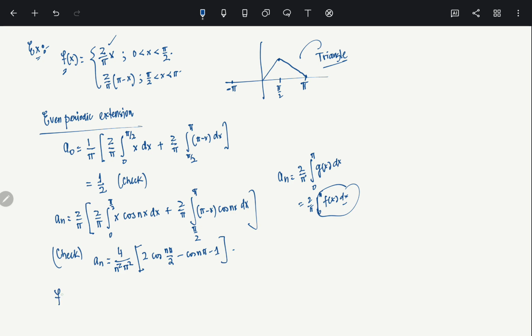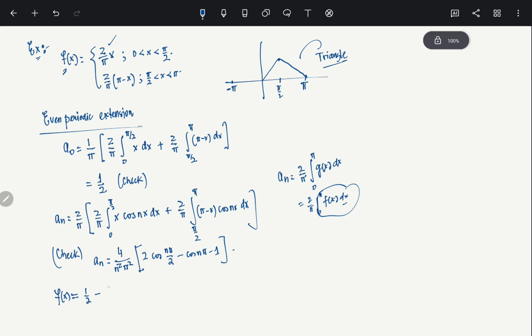So essentially what is f of x in this case, what is the Fourier series? See, f of x in this case will be: a naught is half, and then you have the a terms, right, minus, for n equals to 1 it is 4 by pi square a_n cosine nx, so a1 cosine x. This is a big calculation. So n equals to 1 is cosine pi by 2 minus cosine pi.